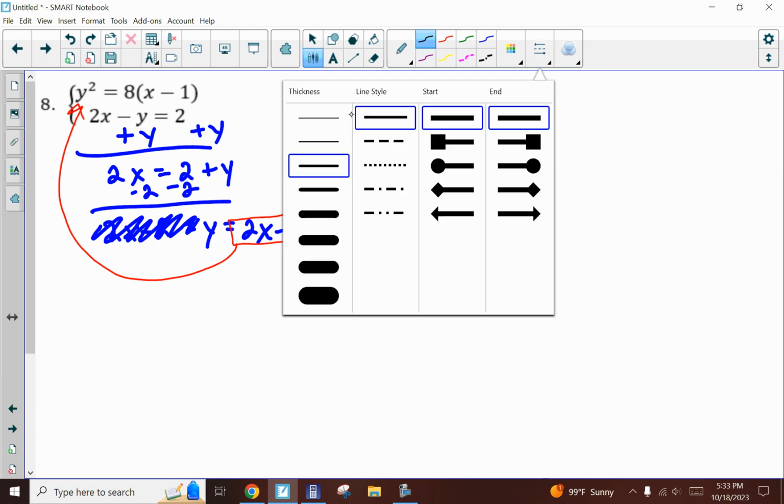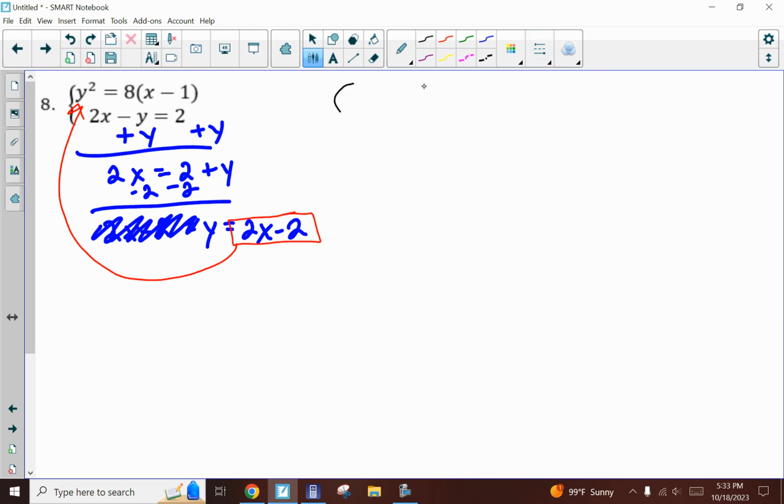So I'm going to go ahead and rewrite it so that the y is gone. Squared equals 8 parentheses x minus 1. So because I know that y is equal to 2x minus 2, I can go ahead and plug that in. And anytime you have this exponent here, that exponent means that you need to write the question twice. So we're going to write 2x minus 2 times 2x minus 2.